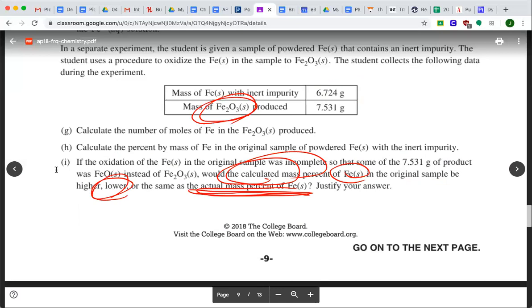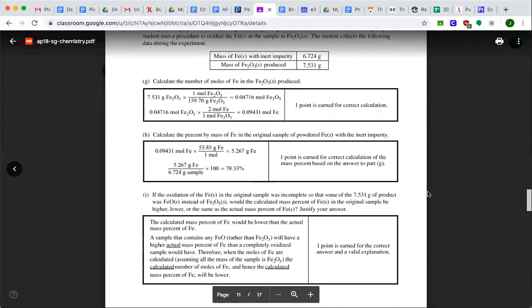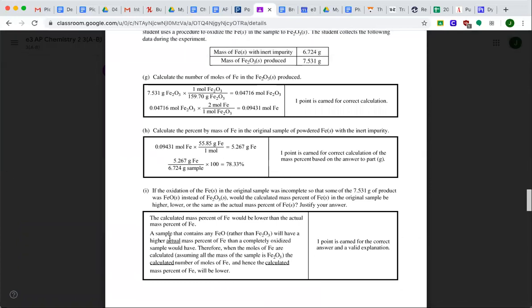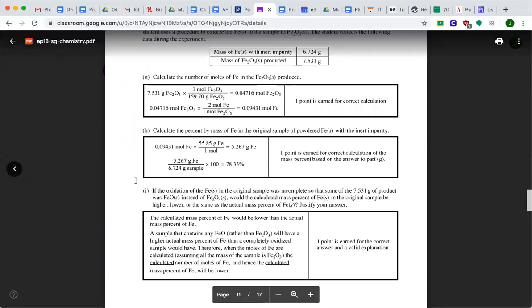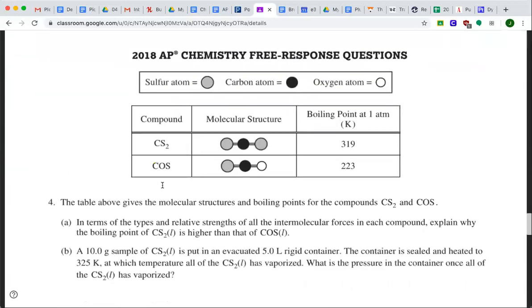Hence we got fewer grams of iron than we should have gotten. That is a little brutal. So the calculated would be lower than the actual. I think I went through that, but the full AP explanation is right there. Good job. Glad we got that right.